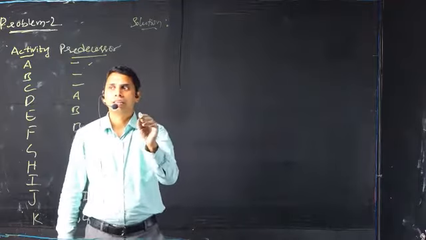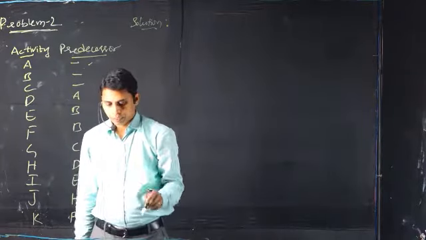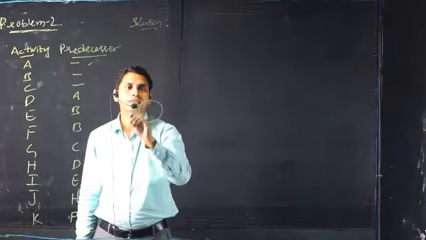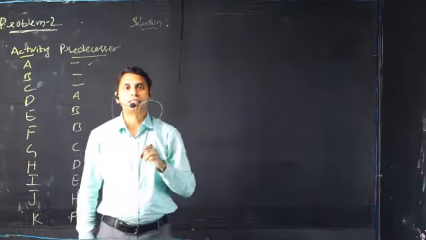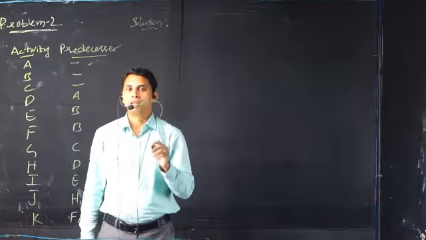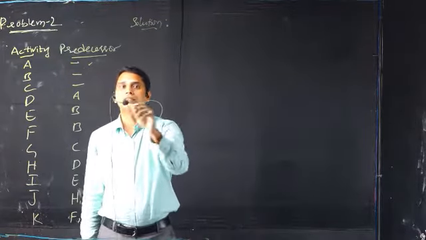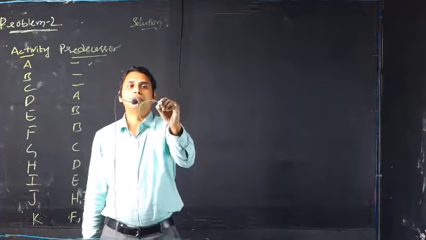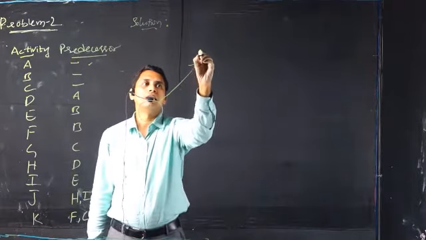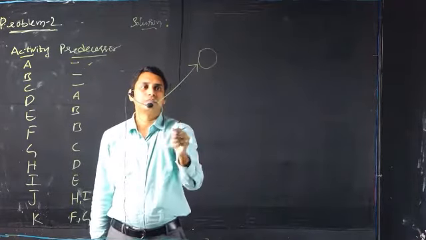Now let's draw these three activities initiated at one particular event. An event must be indicated in a circle and an activity must be indicated by a forward direction arrow. Now the event is 0, the circle is nothing but an event, and now we have to draw three different activities.